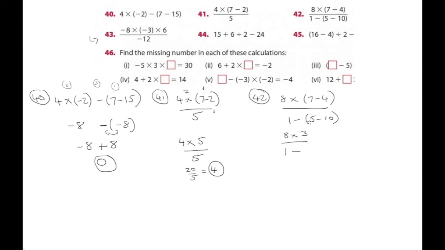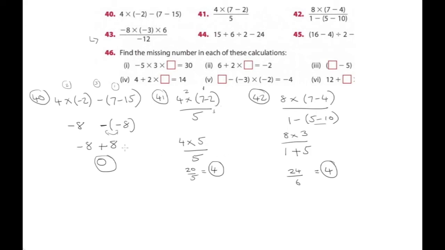Now look at this. This is going to be minus 5 here, and this is a minus here. So when we get a minus 5 and a minus like this, it's going to make it into a plus 5. 3 eights are 24, divided by 6 equals 4. That's the answer to 42.